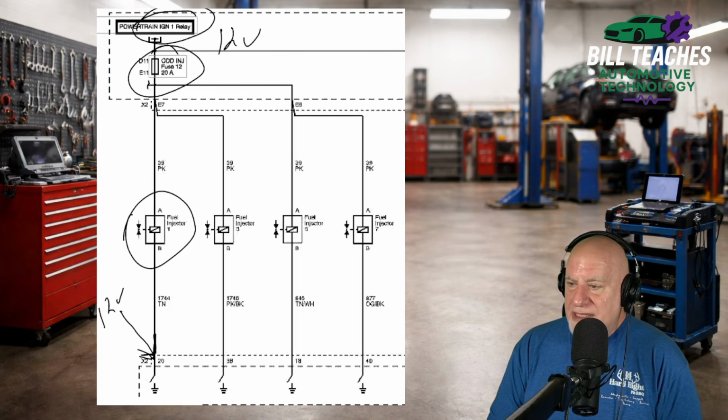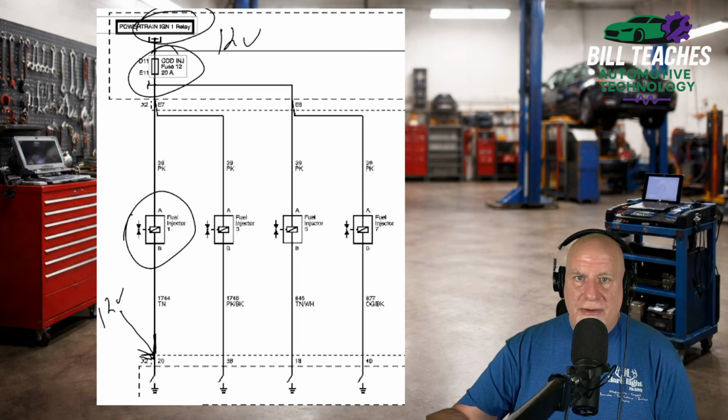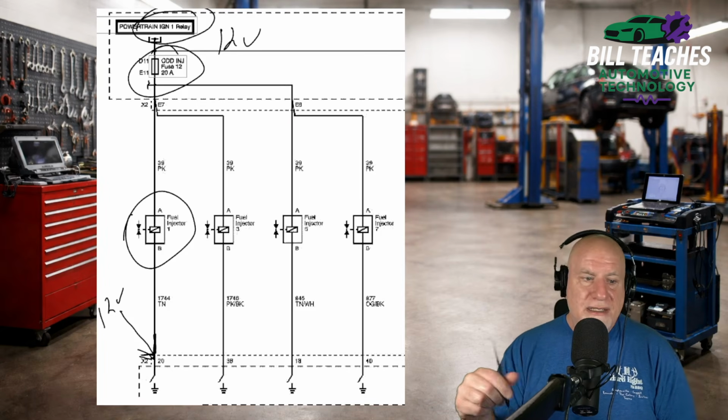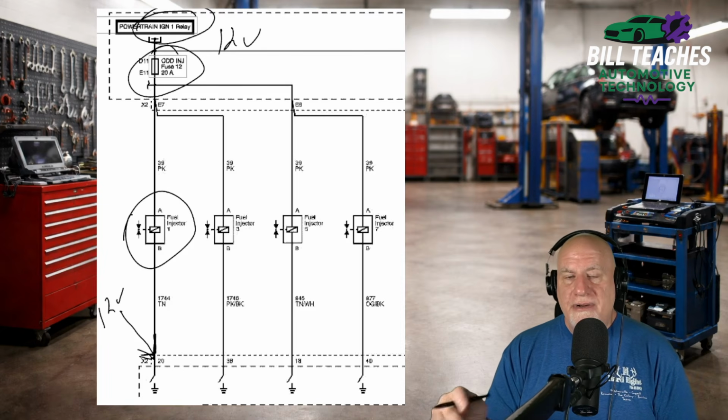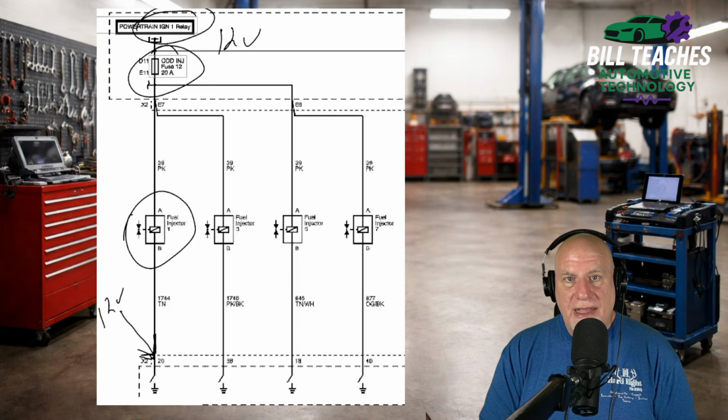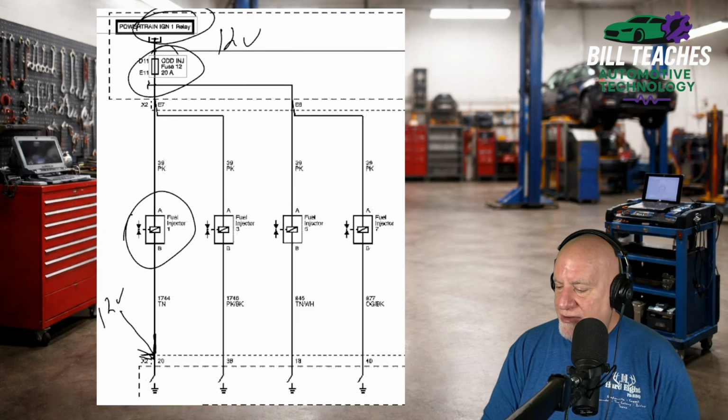So in this case, if it's a ground switched circuit, all the way up to that ground switch, we will have 12 volts. That's one quick tip for you when diagnosing ground switched circuits: you will have voltage on the ground side of the circuit if the switch is open. So don't let that throw you off your diagnosis.